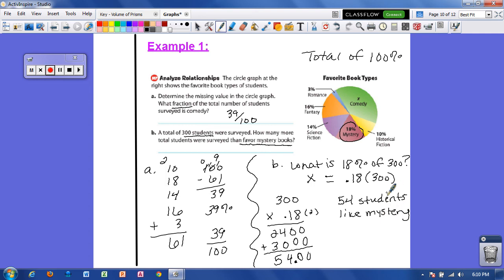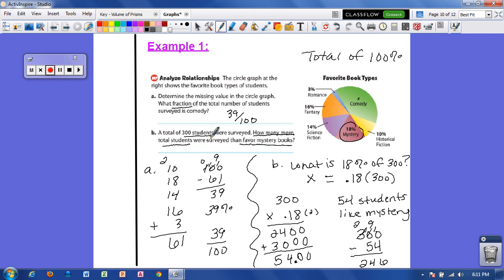But I'm not done, because it wants to know how many more total students were surveyed than favor mystery books. How many more means we're going to subtract. So I'm going to take 300 minus the 54 who like mystery, and I'm going to have to borrow. 10 minus 4 is 6, 9 minus 5 is 4, and 2 minus 0 is 2.